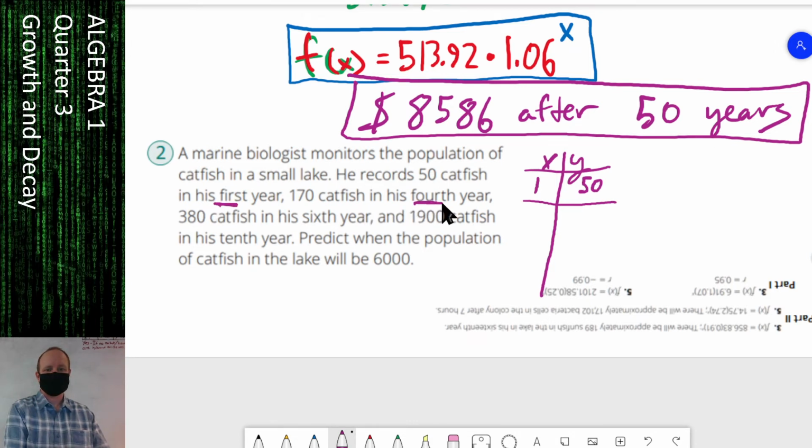Yeah, it goes all the way up to 4 and 170 that year. 6th year is 380. And finally, after 10 years, a lot of catfish.